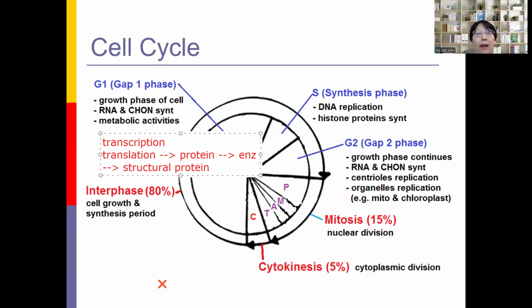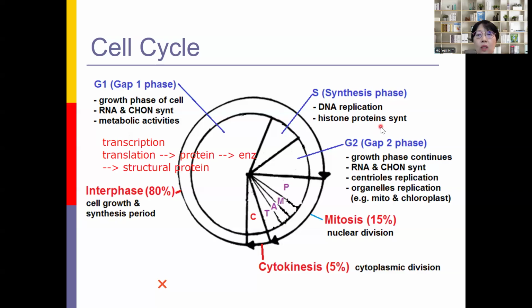For example, microtubules is structural protein, right? If you talk about muscle cell, actin, myosins are structural. It could be an antibody as well. Okay, it depends. So growth phase, G1, followed by S phase is where DNA replication occurs.